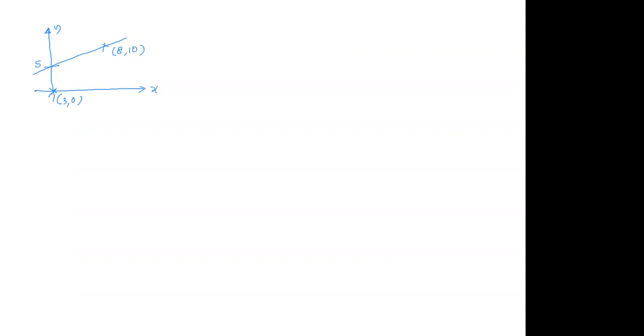Okay, do you need me to show you how to get the equation of this straight line? Yes. Okay. So first of all, I start from scratch. You have 2 points. I call it point A, (3, 5). I call it point K, (8, 10). When you have 2 points, first you must get the gradient.